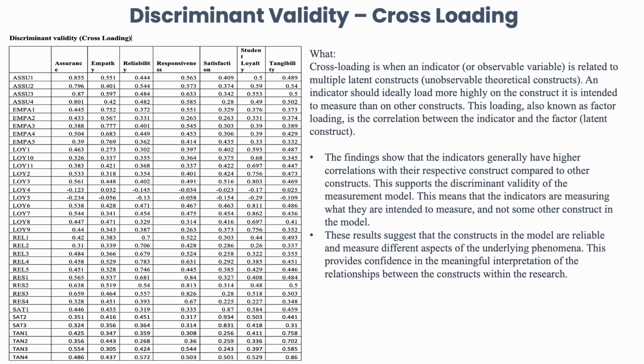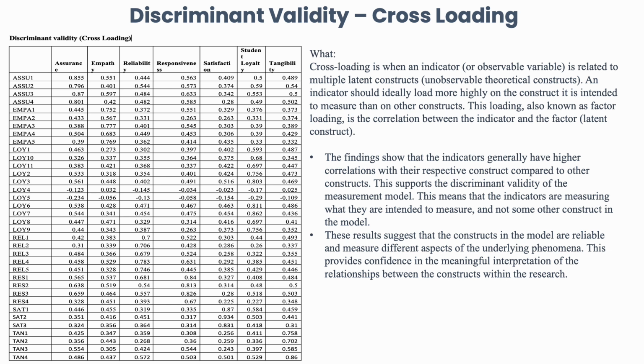When assessing discriminant validity using cross-loading, each indicator's loading on its assigned construct should be higher than its loading on all other constructs. If an indicator loads highly on multiple constructs, it may indicate a lack of discriminant validity, which suggests that the constructs may not be as distinct as we originally thought.